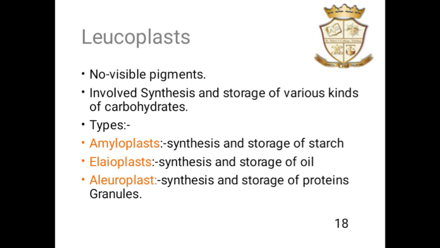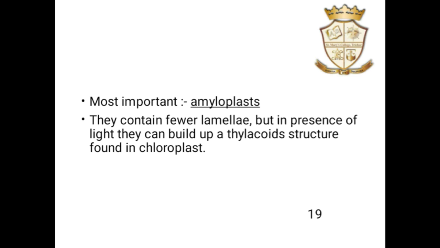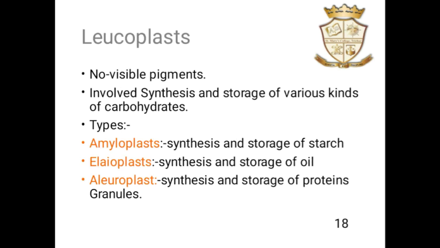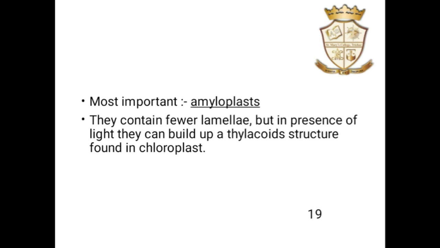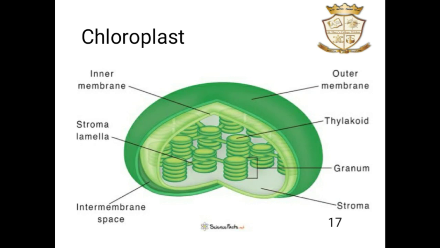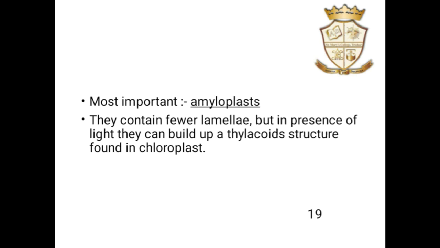Elaioplast is the synthesis and storage of oil. Aleuroplast is the synthesis and storage of protein granules. The most important one is the amyloplast. It contains fewer lamellae, but in the presence of light it can build up the thylakoid structure found in chloroplast.